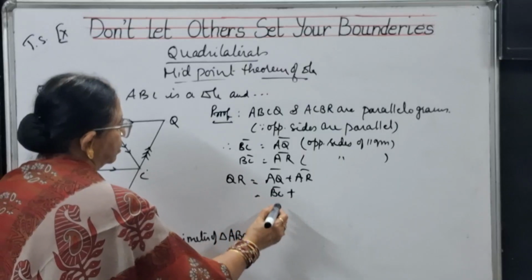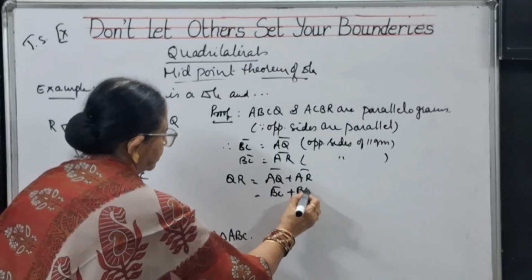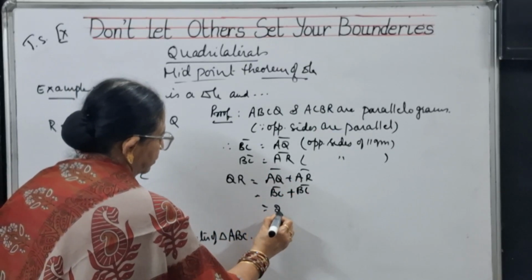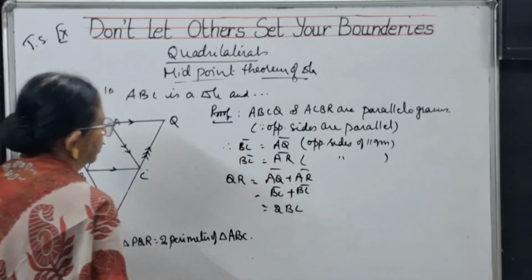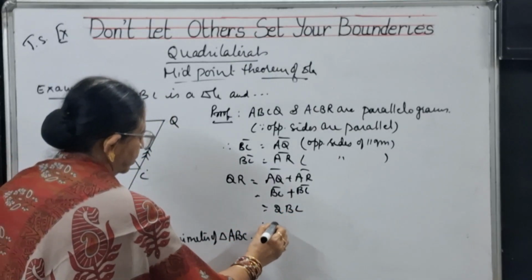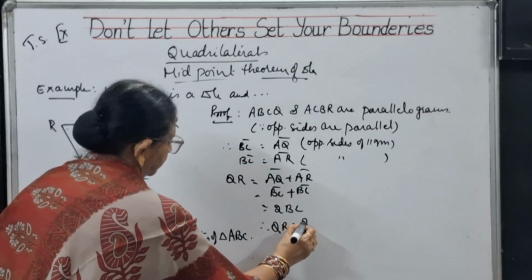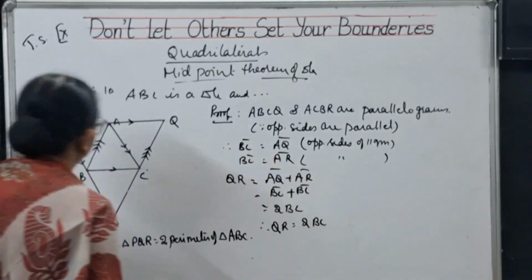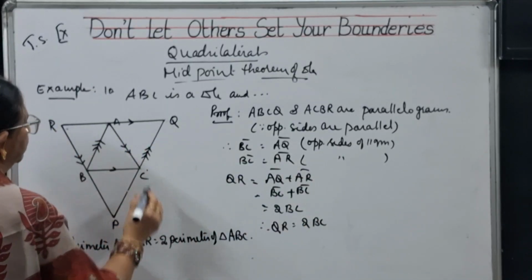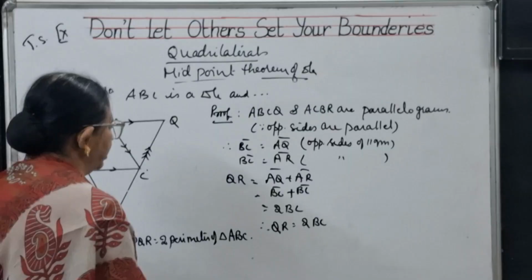So, AQ is equal to BC, AR is also BC. That means 2 times BC. Therefore, QR is equal to 2 times BC.